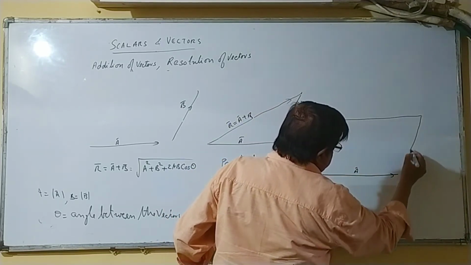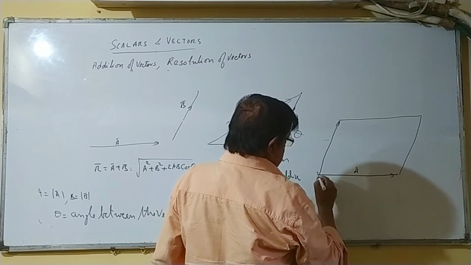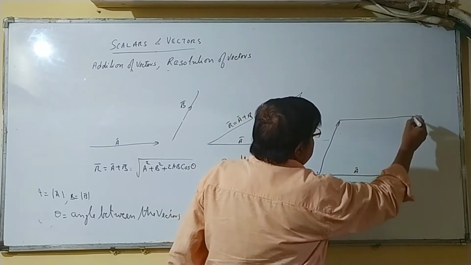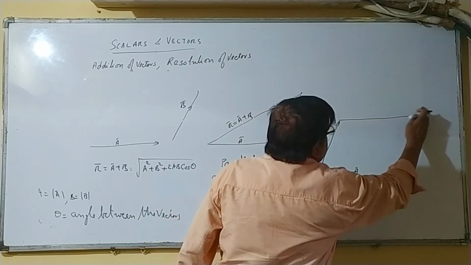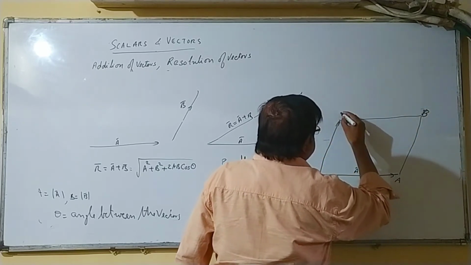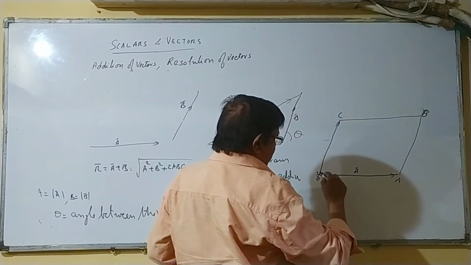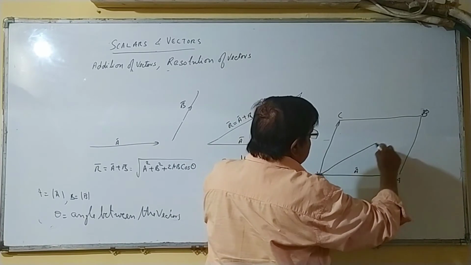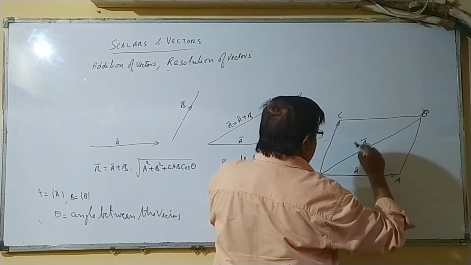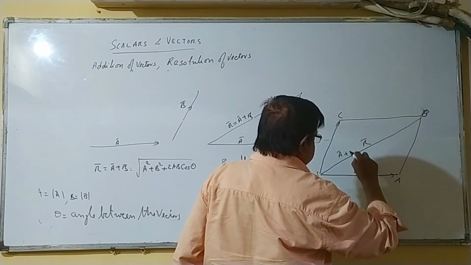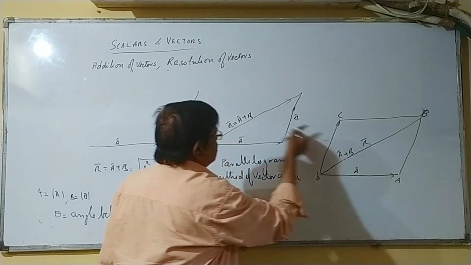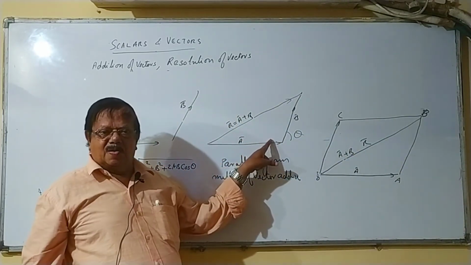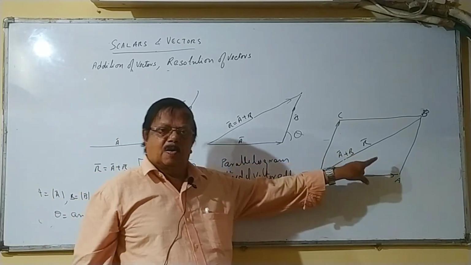You know the parallelogram, you have studied it. This is O, A, this is B, and this is C. Join from here to here. This is R, A plus B. This is in the same direction as that. You can do it by the triangular method or the parallelogram method.